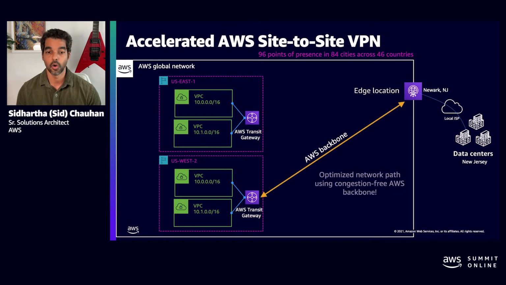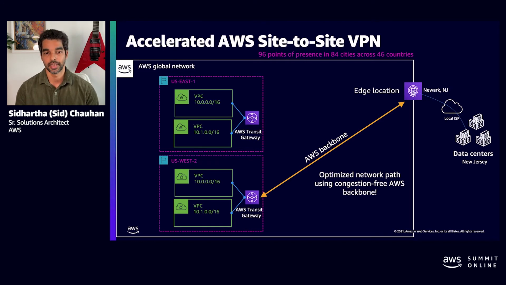And from there, all the way to the remote AWS region, in this case, US West 2, the traffic is sent over the AWS backbone. This is completely congestion-free, so you don't have to worry about the uncertainties of the internet, right? And you can just send traffic via local ISP to AWS and then all the way to the backend region.